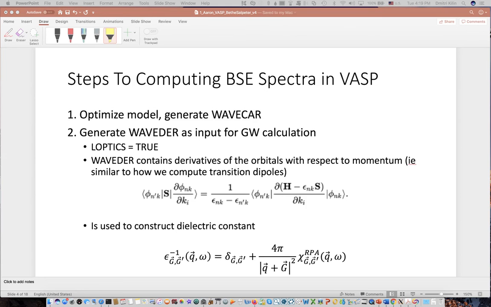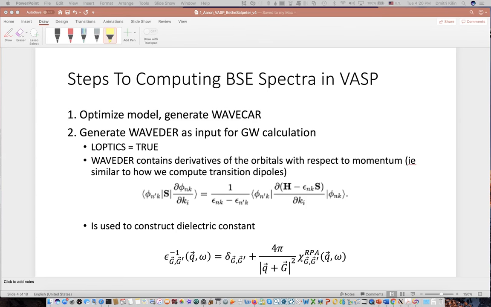And then it will output this wave_dir file, which has the same format as wavecar. So it is not text. It is a binary format that needs to be read in the same way as we read wavecar.